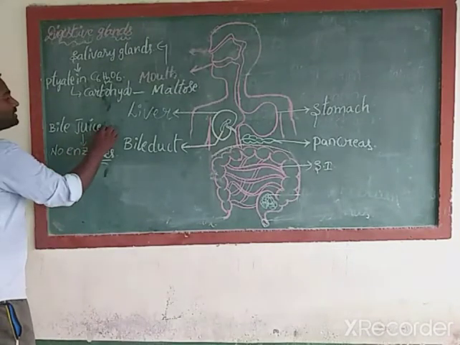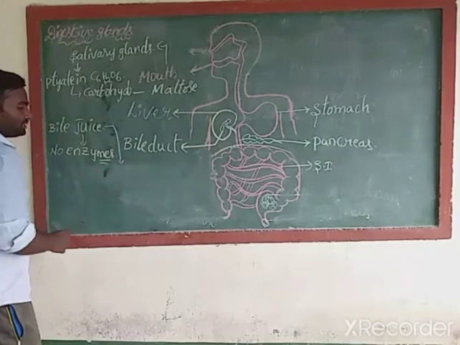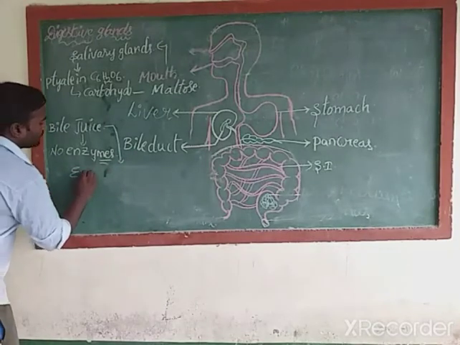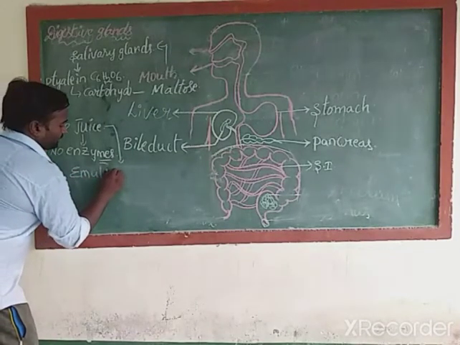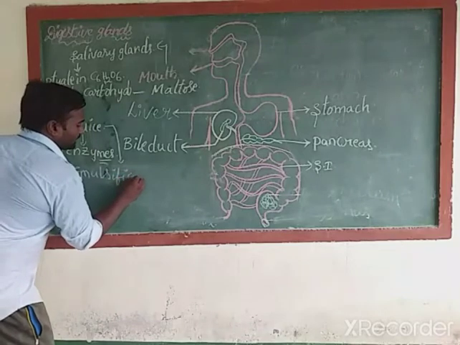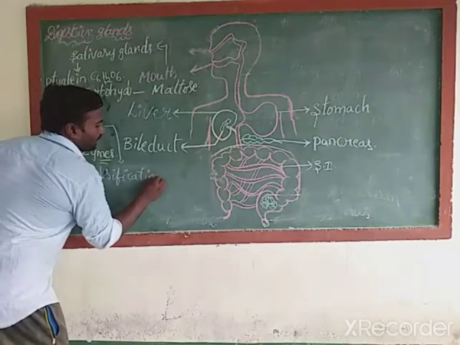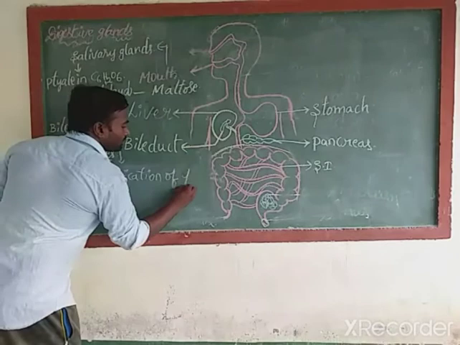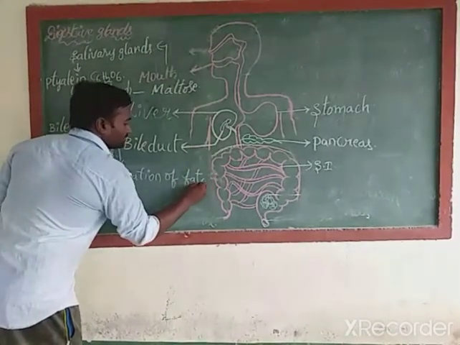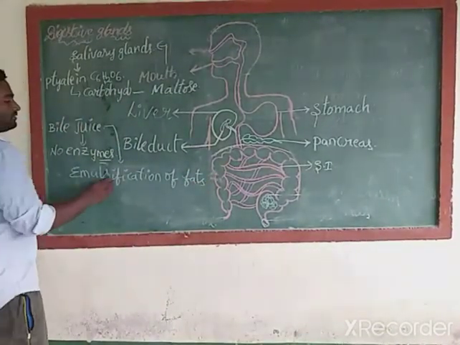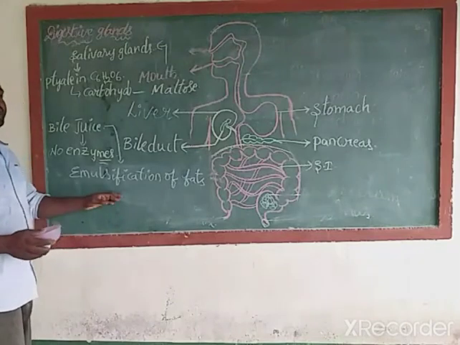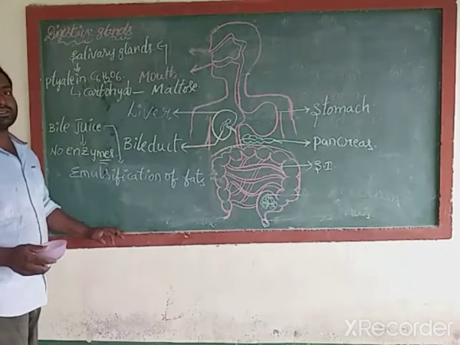What is the use of this bile juice? This bile juice is useful for emulsification of fats. Emulsification means breakdown of fat molecules.